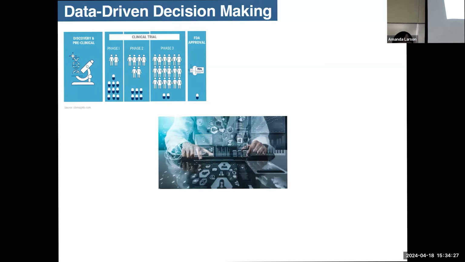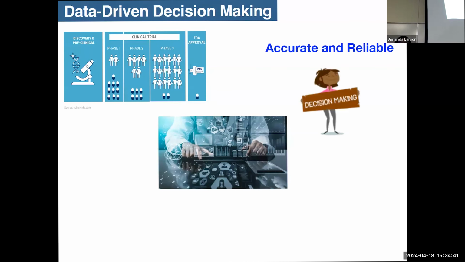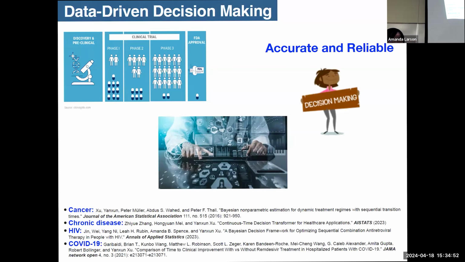Luckily for us, with the development of EHR and EMR data, and also a lot of prospective study cohort data, we have the potential to determine or optimize sequential treatments. What is needed are methods, either statistical or machine learning, that can give us accurate and reliable decisions. My group has been working on different applications such as cancer, chronic disease, HIV, and COVID-19.